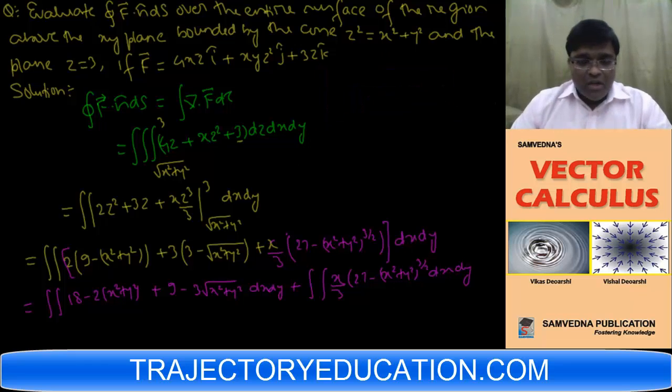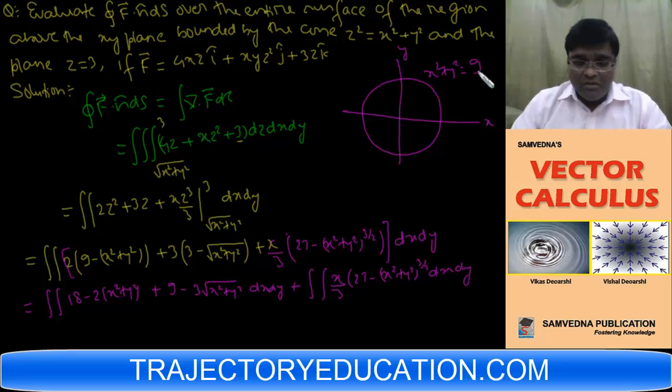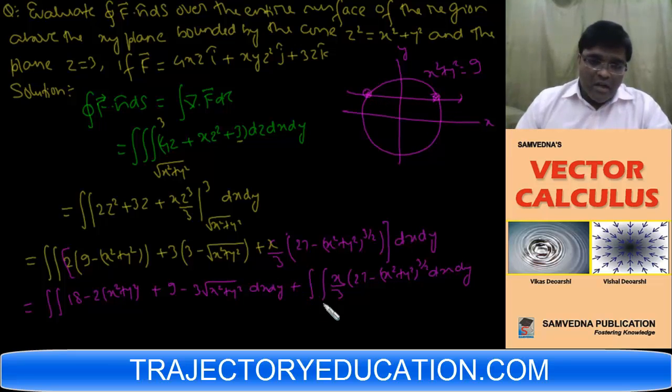If I take this as axis x and y, this will be x square plus y square equals 9. So limit of x, if I draw an arrow in x direction, then x will vary from minus under root 9 minus y square to plus under root 9 minus y square.